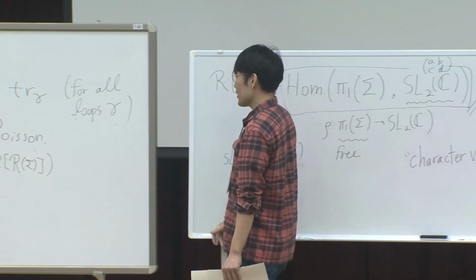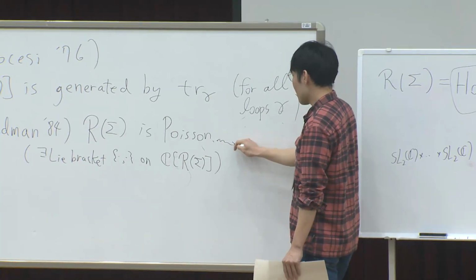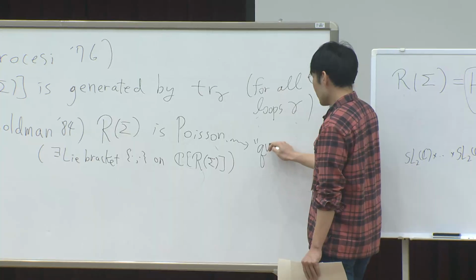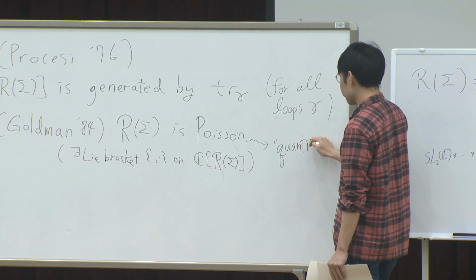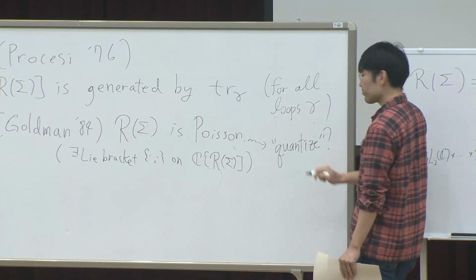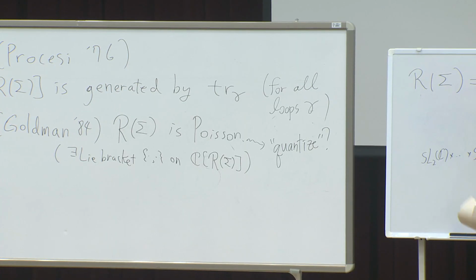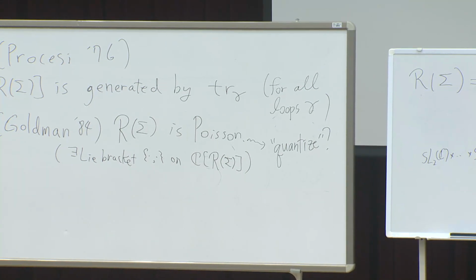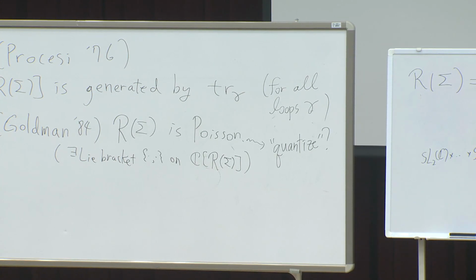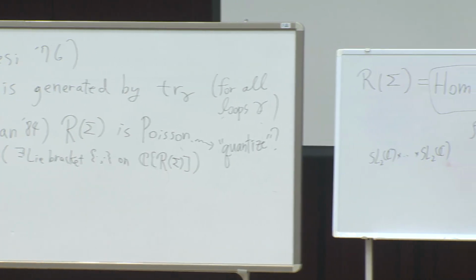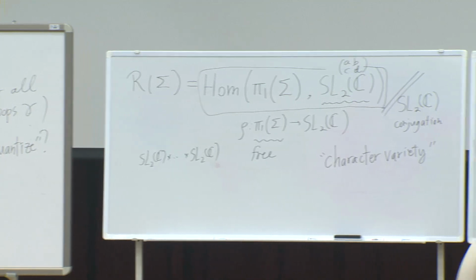And in that case, you can think about the notion of quantizing that space. And so that's what we will do right now. And I won't give a precise definition of what I mean by quantization.